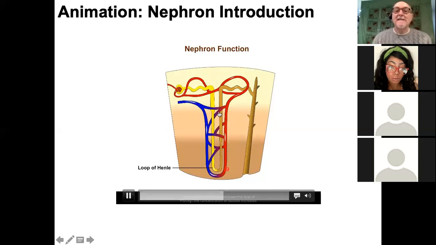That's the descending tubule. The solute concentration increases down here. Because of that, water passes passively out. This is concentrated. But as it ascends, this is impermeable to water, but it allows the salt to flow across.